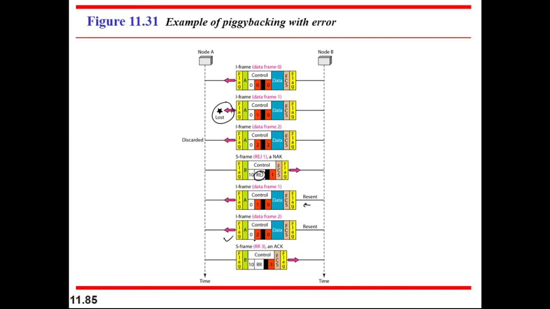So this is piggybacking with error. That means if any frame is lost, then the not-acknowledgement needs to be sent by the receiver to the sender, and after that the sender needs to send the data again. Okay. So this is piggybacking with error, and piggybacking without error means you are sending the acknowledgement that yes, the data is accepted.